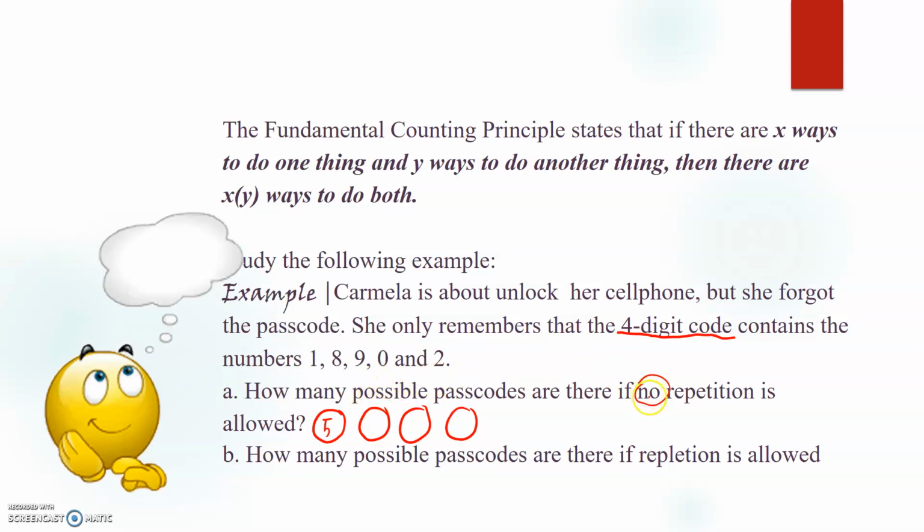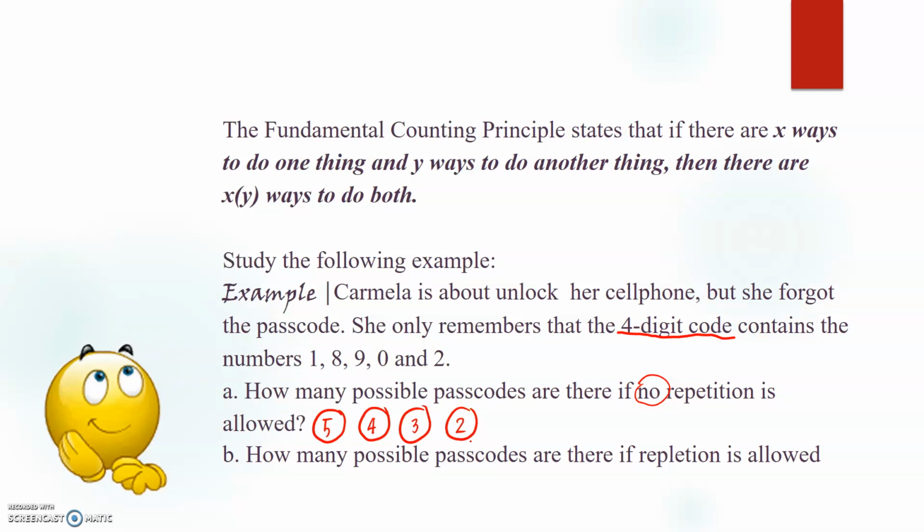Now, since no repetition is allowed, we cannot repeat a digit. So here, one digit will be taken away. So for the second digit, we only have 4 choices. And then for the third, we only have 3. And for the last one, we only have 2 choices.